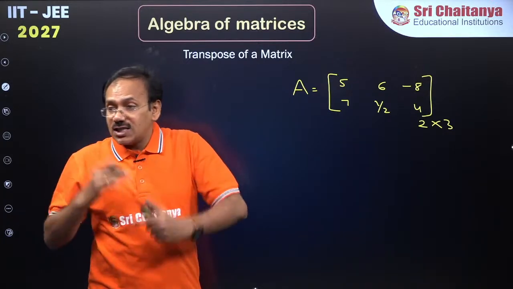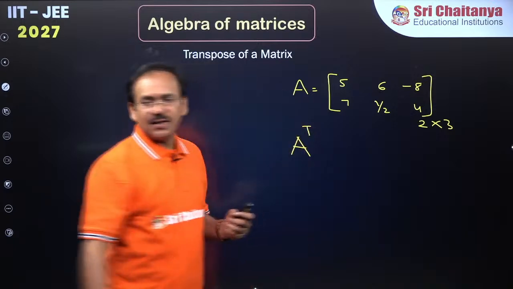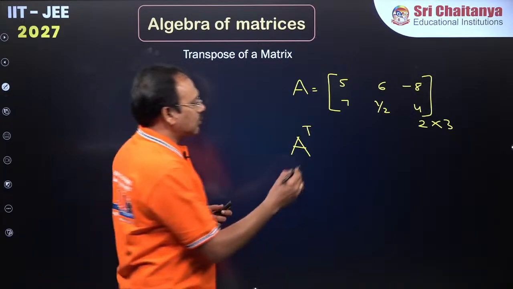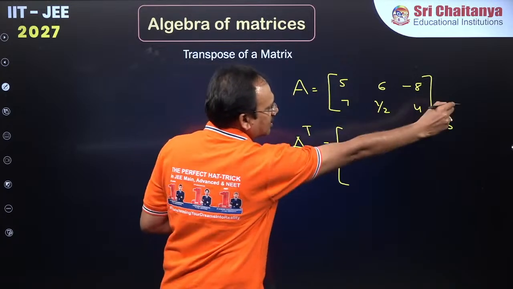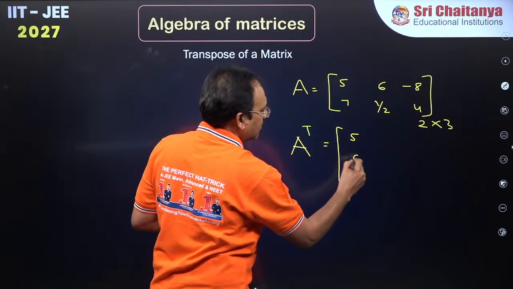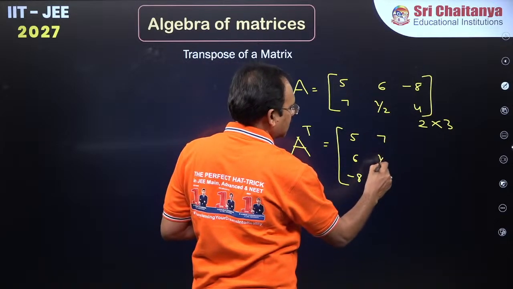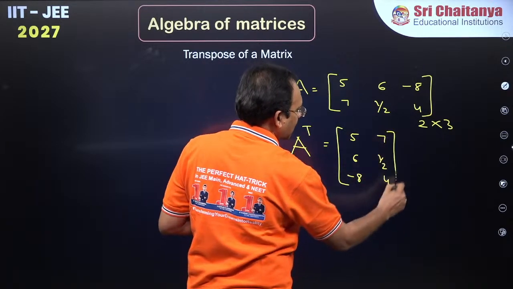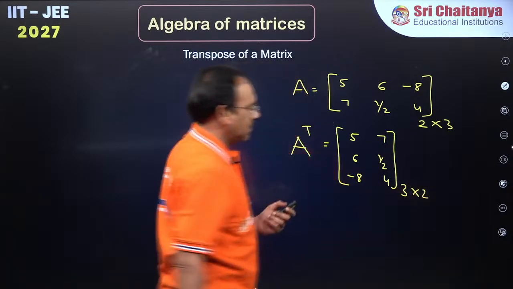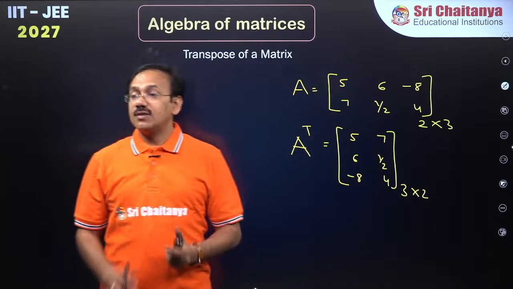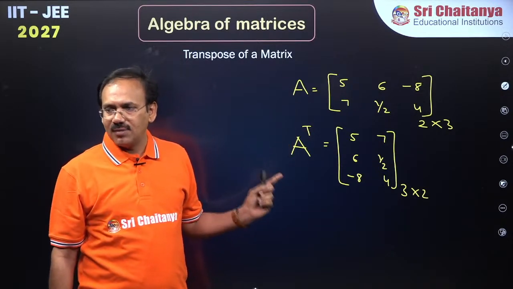We write the transpose like this, A transpose. Just try to write the rows as columns. First row you write as first column, second row you write as second column. So this matrix will become 3 rows and 2 columns.